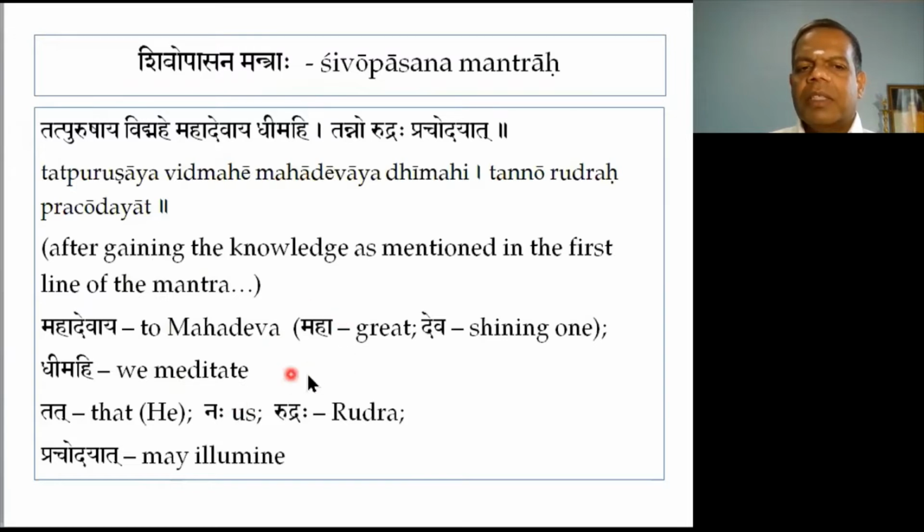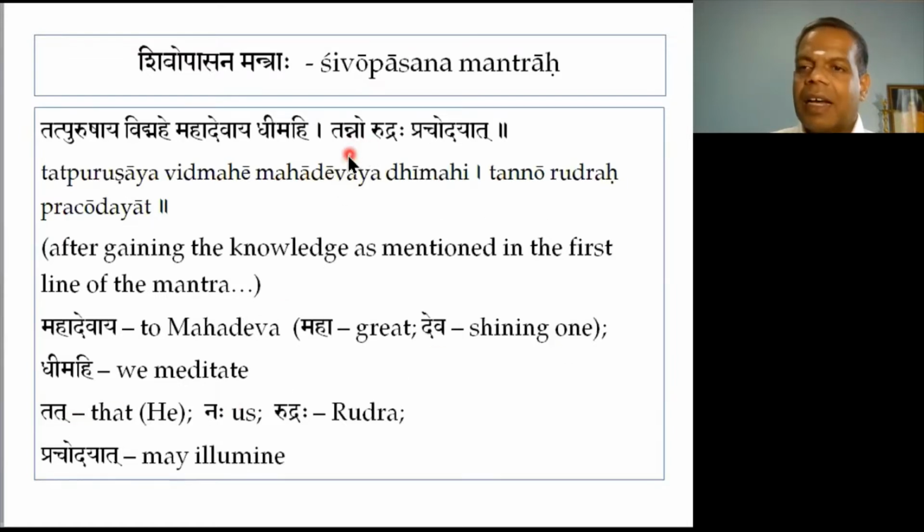Maha means great. Deva means the shining one, or the Lord or God. I have just put the words shining one as the meaning here. Can we meditate on the Lord? Only after coming to know. So with Tatpurushaya Vidmahe, Mahadevaya Dhimahi, we then continuously meditate on that Lord.